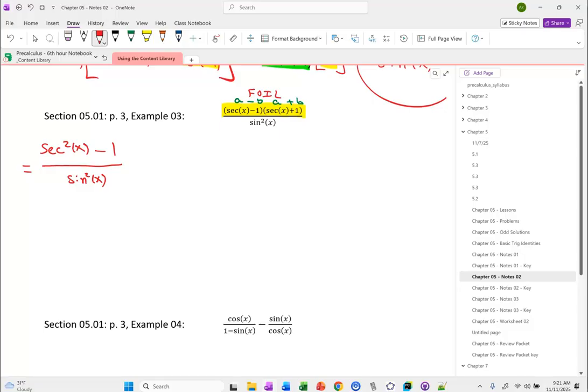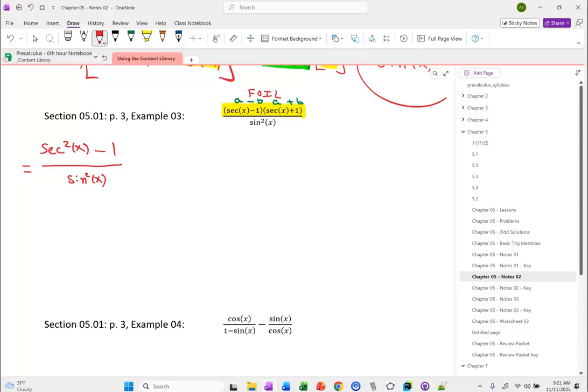If I look at what I have going on here, what section of my identity sheet seems like the one I'd want to look at? I notice that I have a 1, and addition and subtraction.